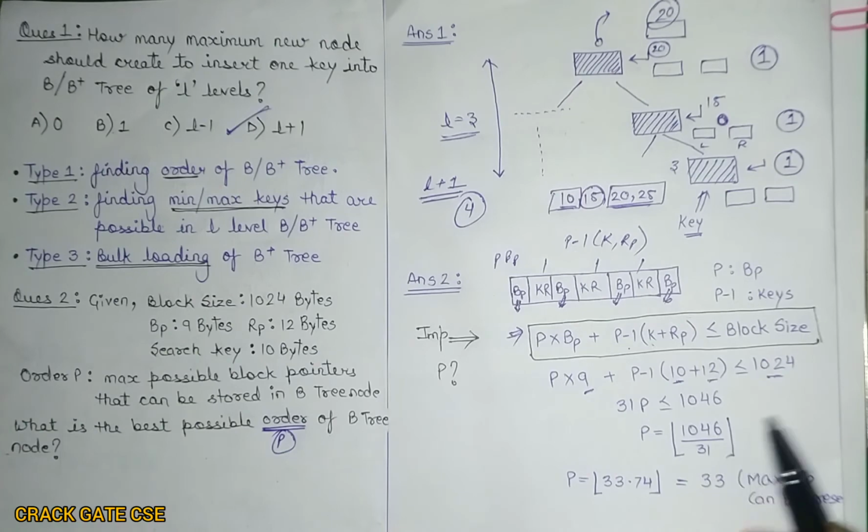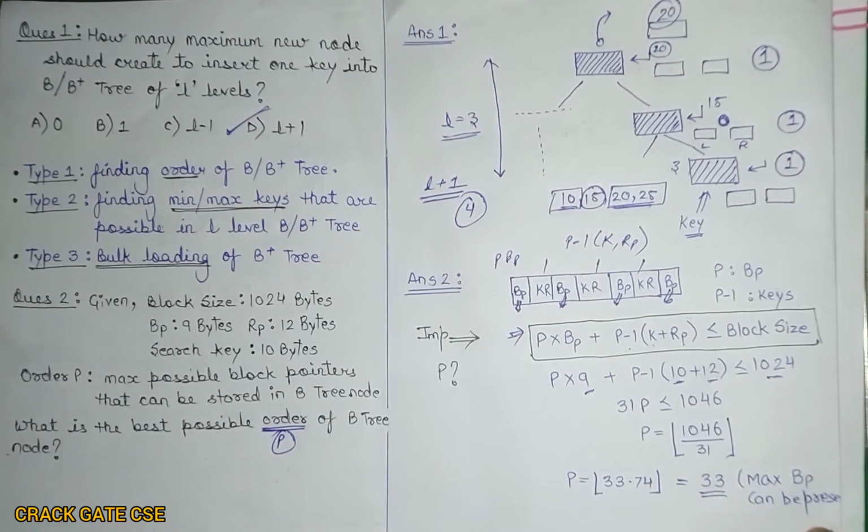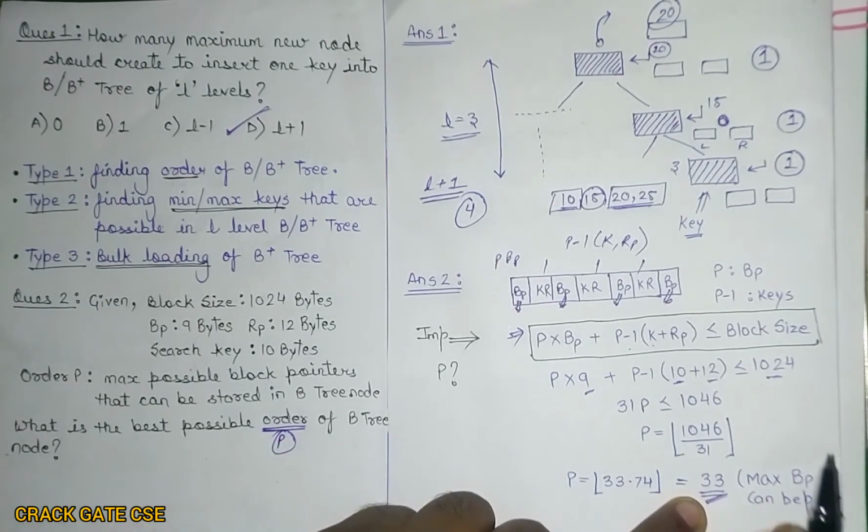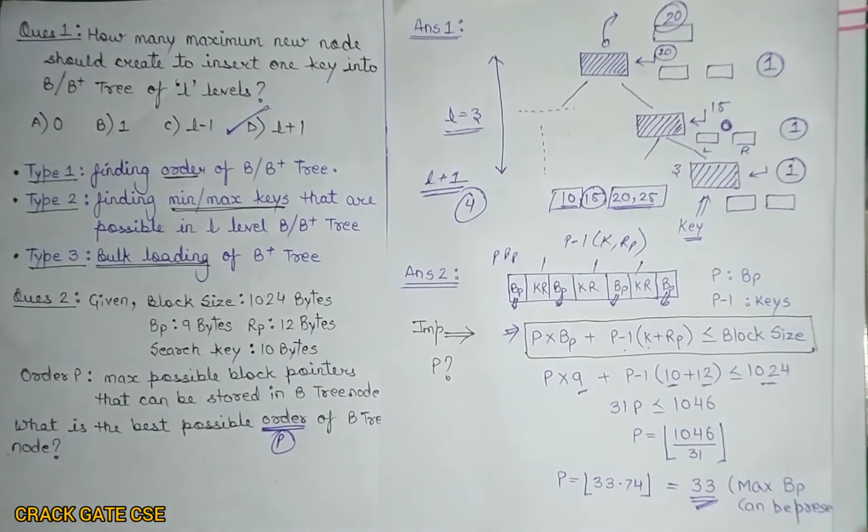The value of p will be 33.74. A node cannot have 33.74 block pointers, so we take the floor value, meaning 33 maximum block pointers can be present. So the maximum possible order is 33, and this is the right answer for the second question.